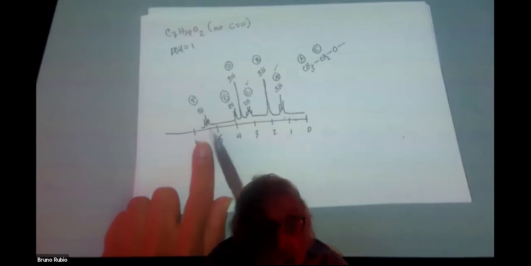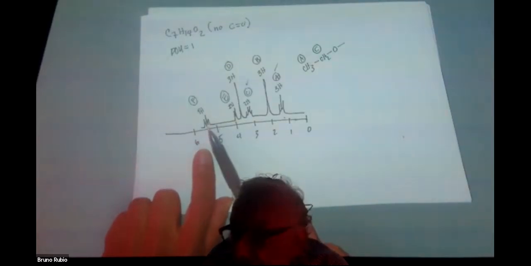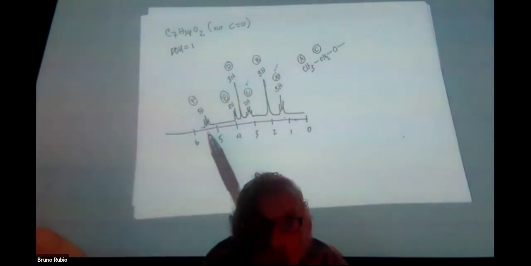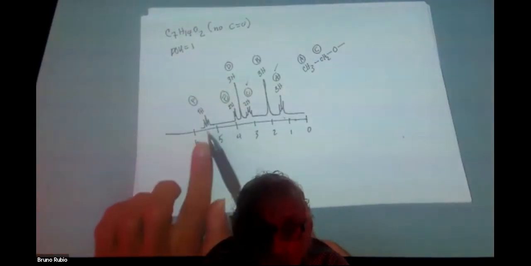Where am I getting that? From my table of chemical shifts. So this guy here is probably an alkene proton, right? It's too far downfield just to experience the electronegativity effect of one oxygen. So it's either close to the second oxygen or it's an alkene proton. Okay, let's table that for a second.